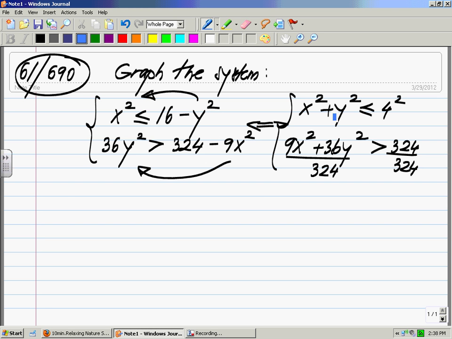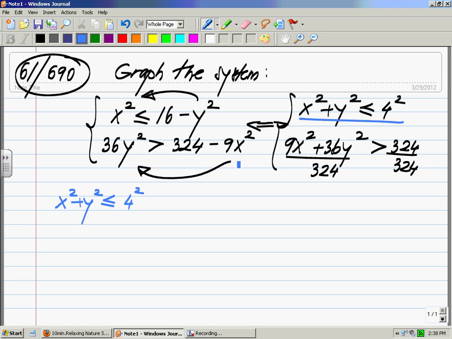Alright, my system is x squared plus y squared less than or equal to 4 squared. And the other one, well, 9 and 324. It seems to me that 9 times 36 is actually equal to 324, right?